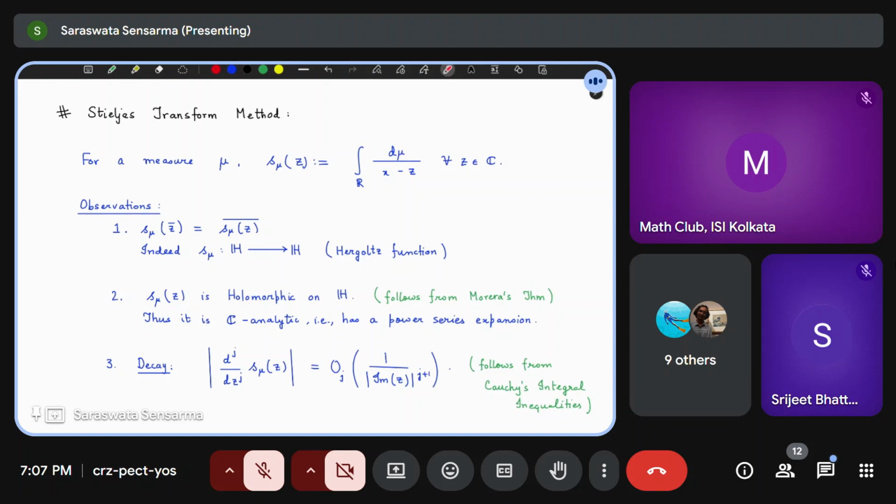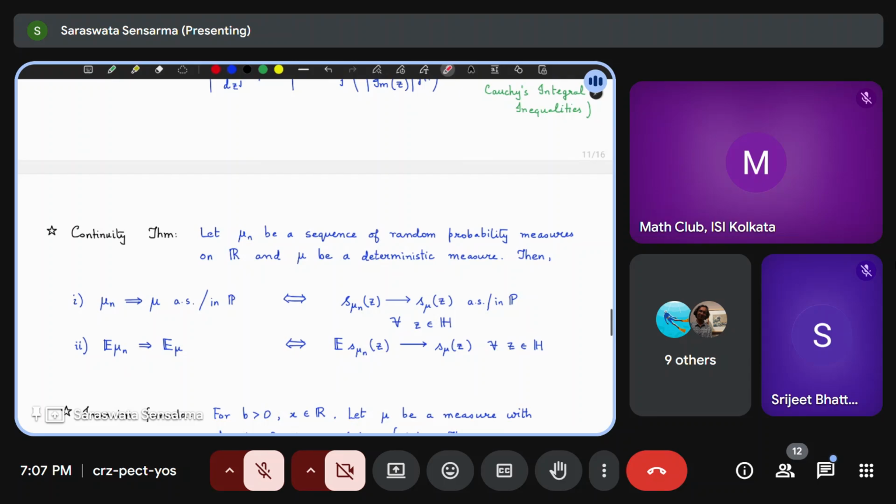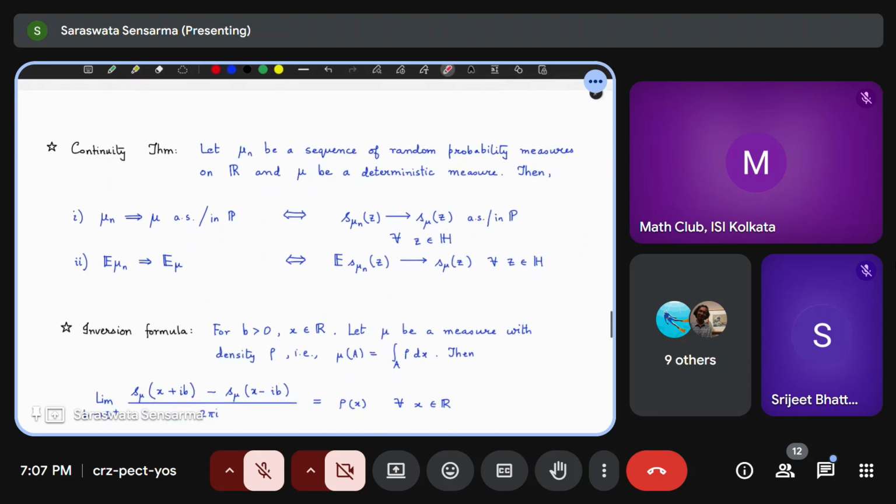And secondly, from the characteristic function, we need to recover the final measure, right? So those two things are exactly there here as well. We have this continuity theorem: if mu n is a sequence of random probability measures on R and mu is a deterministic measure, then mu n converges to mu if and only if the Stieltjes transforms converge, in the appropriate sense.